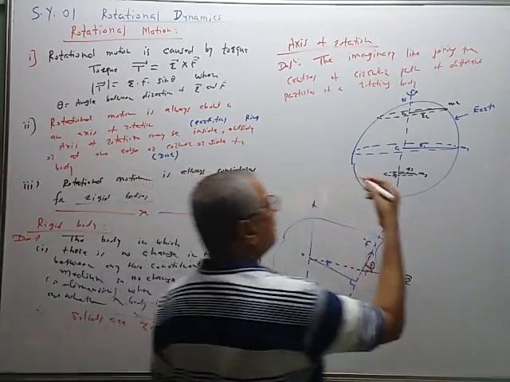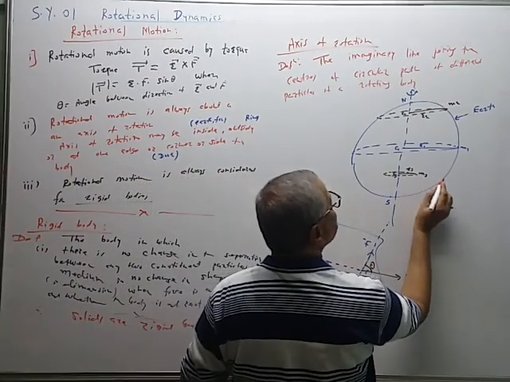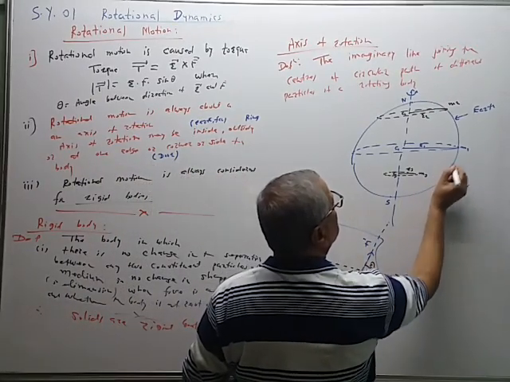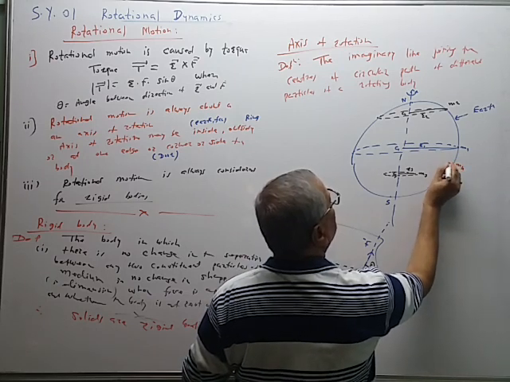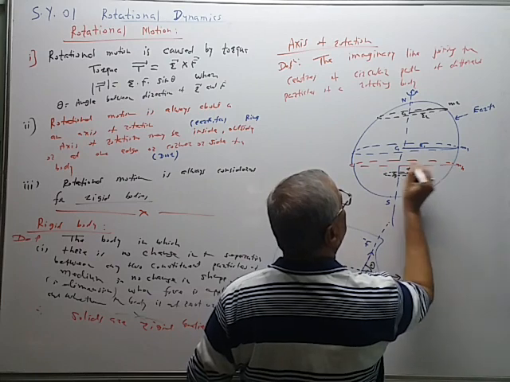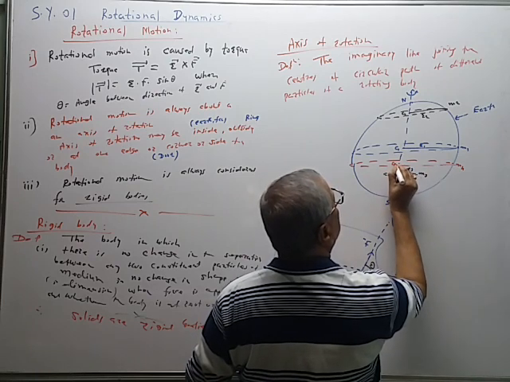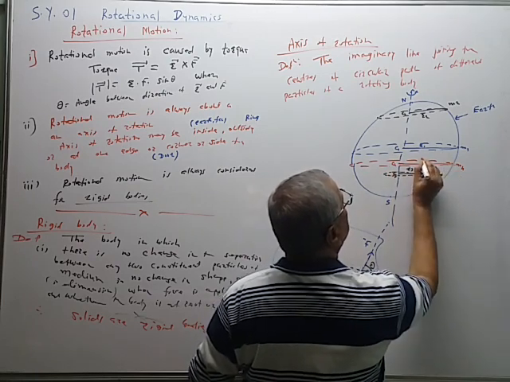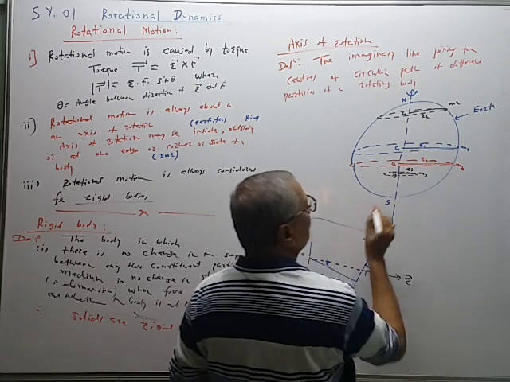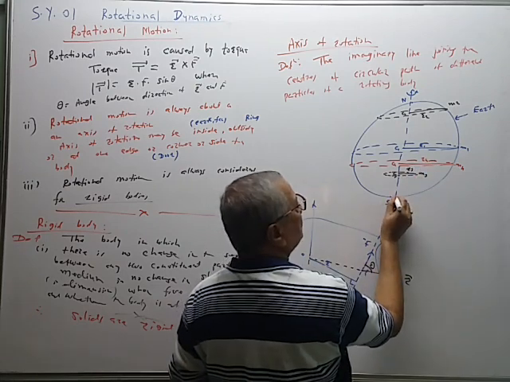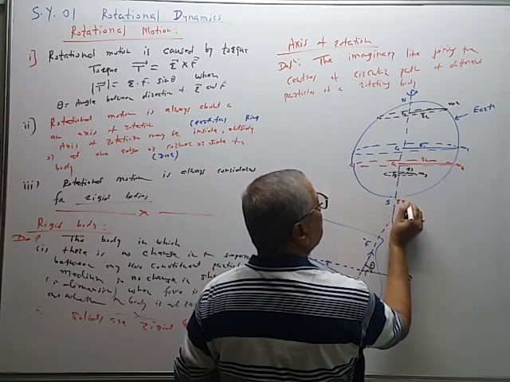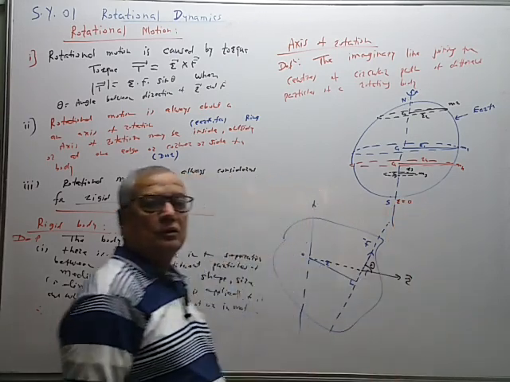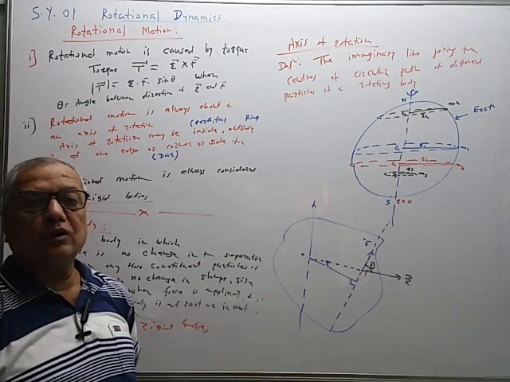Now, if we consider the particle M4, it will also perform circular motion, having center C4, having radius R4. Now, if we consider a particle on the S pole or on the N pole, then its radius will be 0. So, it will have no circular motion.